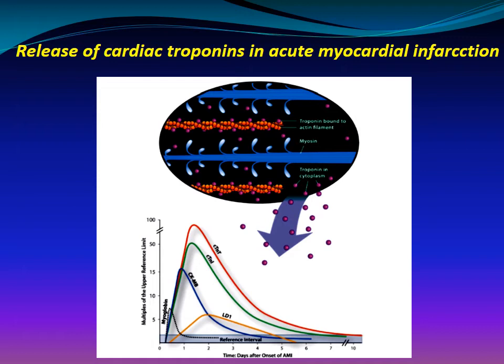However, recent evidence suggests that troponin T is fragmented into molecules small enough to be renally excreted, which may explain the higher prevalence of troponin T elevation in patients with renal failure.